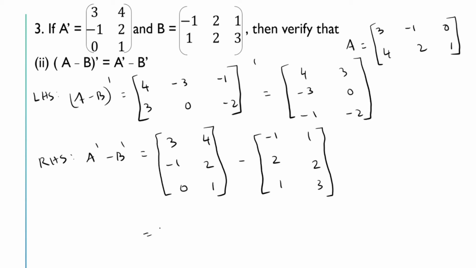So this is equal to 3 minus of minus 1 is 3 plus 1 4, 4 minus 1 3, minus 1 minus 2 minus 3, 2 minus 2 0, 0 minus 1 minus 1, 1 minus 3 minus 2. So we got A minus B the whole transpose equal to A transpose minus B transpose. These two matrices are equal. So this is equal to the left hand side.